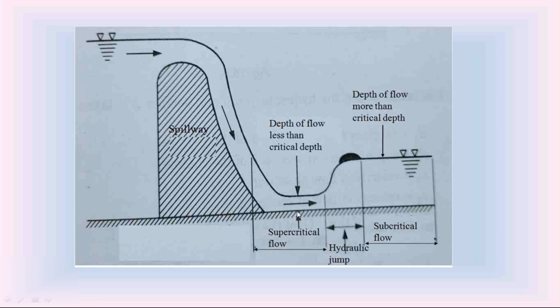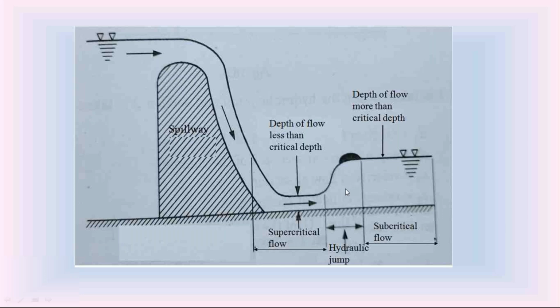Once this depth of flow is less than the critical depth, we call that flow the supercritical flow. So at the bottom of the spillway, in this small portion, the water is under supercritical flow condition, because the depth of water flow in this portion is less than the critical depth.